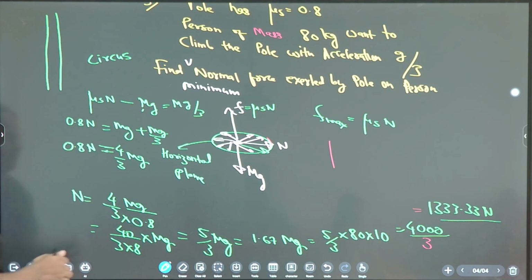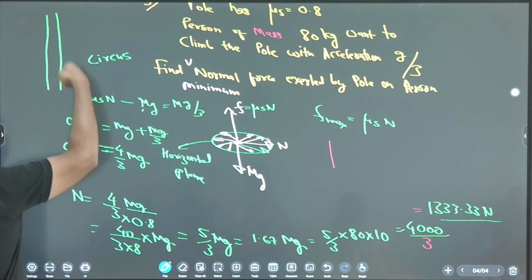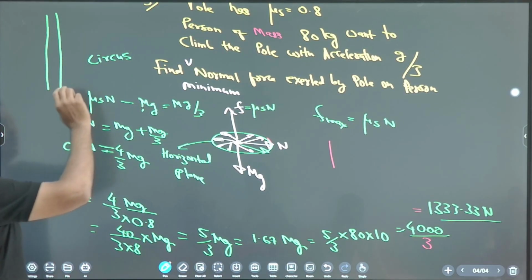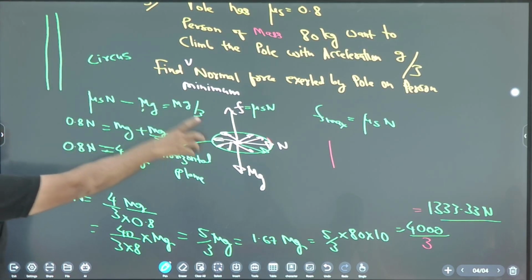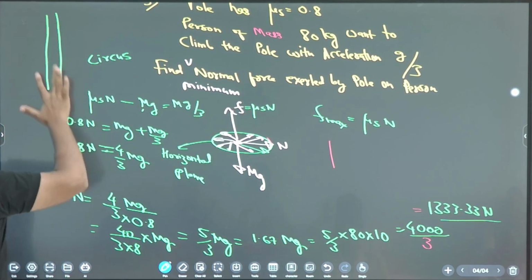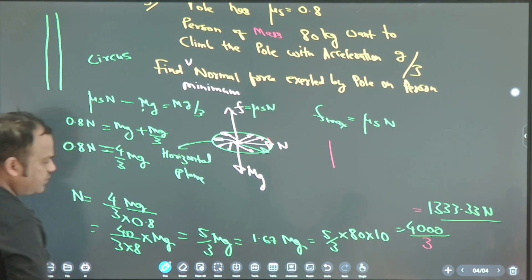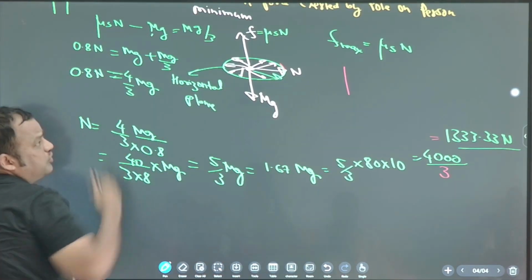No, because friction will not be there. If you put oil or grease as lubricant, friction will not be there. So the person cannot climb. Okay, clear? So note down. This is a good question. Note down.